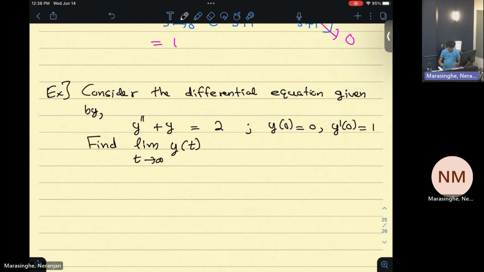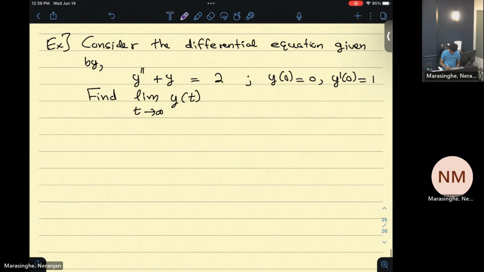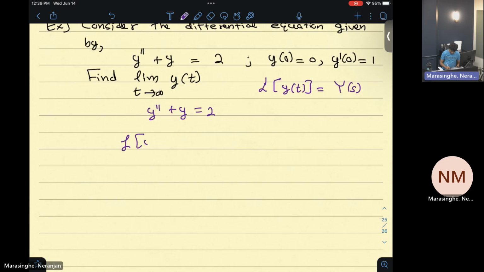So apply the idea that we discussed yesterday, right? We have the differential equation y double dash plus y is equal to 2. Let's apply the Laplace transform to both sides. Laplace transform of y double dash plus Laplace transform of y is equal to 2 times Laplace transform of 1. Now you need the expression for the Laplace transform of the second derivative.